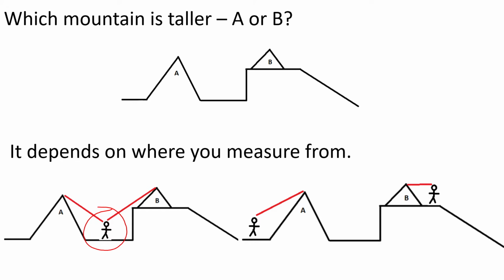If you're in this situation here, looks like B is taller than A. But if you were standing here and you look up at A, oh, that looks higher elevation versus if you were standing here looking at mountain B. We can actually see that this point is higher up, has a higher elevation, but where do we measure from? Because your perspective can't always tell you what's the higher elevation.